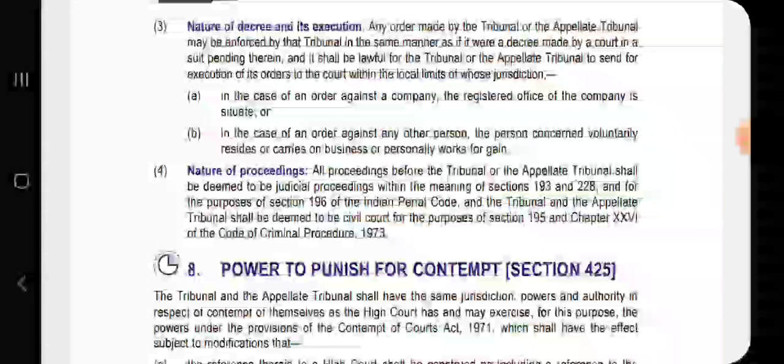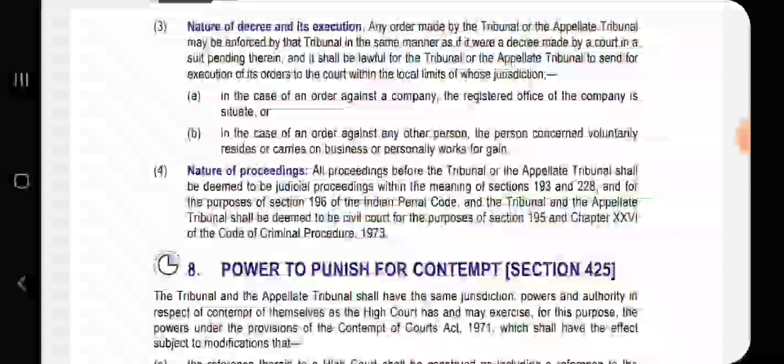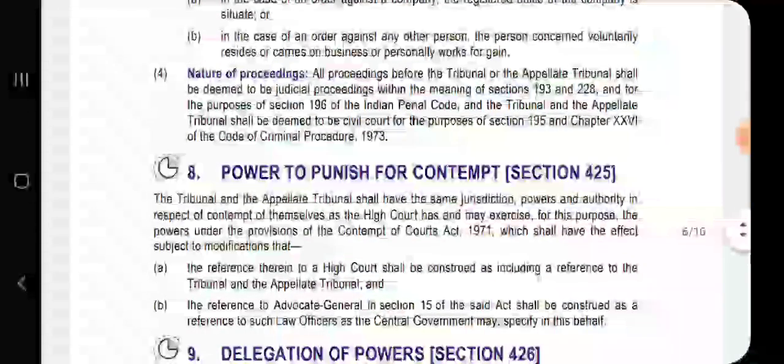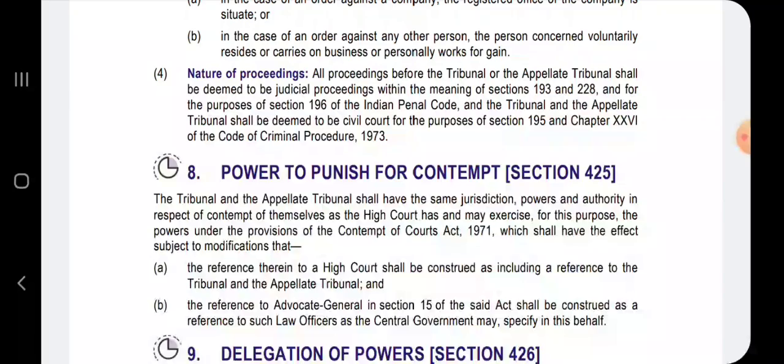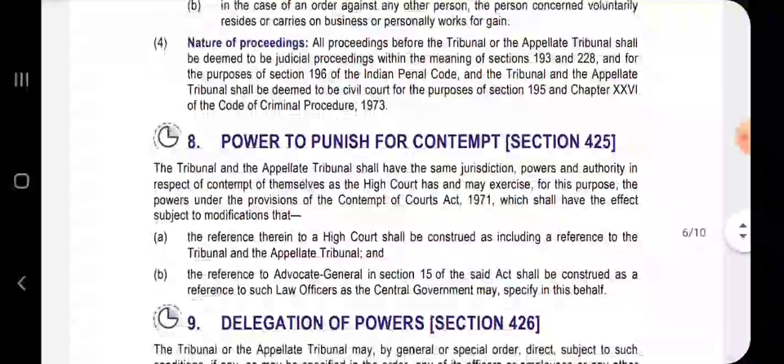It is like it is a final order which has been made by the court and it has to be enforced. It can even send for execution of orders, within the local limits of whose jurisdiction. In case of a company, it is the registered office of company. In case of any other person, the person concerned voluntarily resides or carries on a business. Hope you are clear. Nature of proceedings. All proceedings before the tribunal or the appellate tribunal shall be deemed to be the judicial proceedings. Okay, any proceedings before tribunal and appellate tribunal shall be the judicial proceedings.